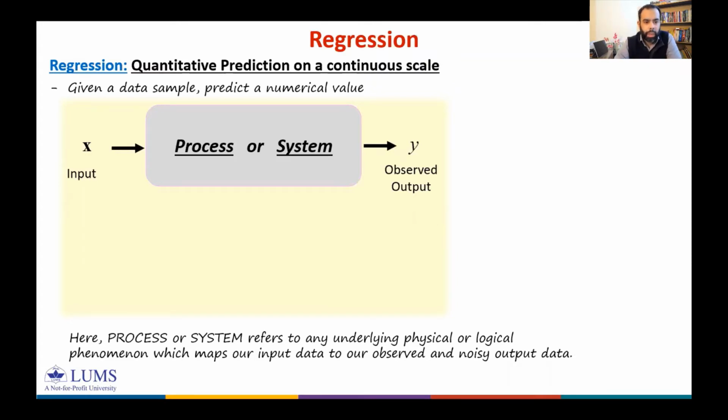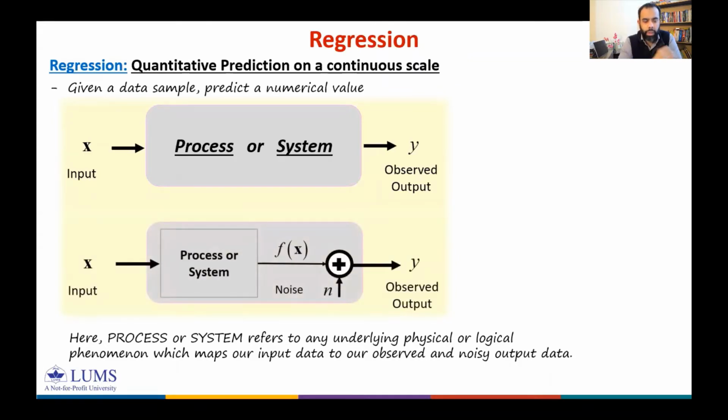We can take a step forward and zoom into this process or system. We assume that the output of this process or system is given by this functional mapping f of x. So we have this function f that takes x as an input and gives an output f of x. Or we can say f of x is a mapping from d-dimensional feature space to the real space.